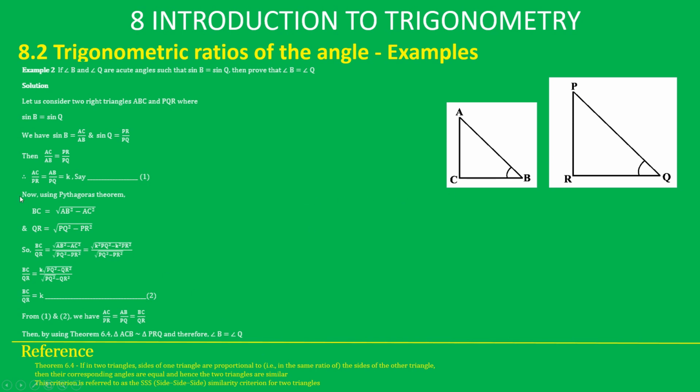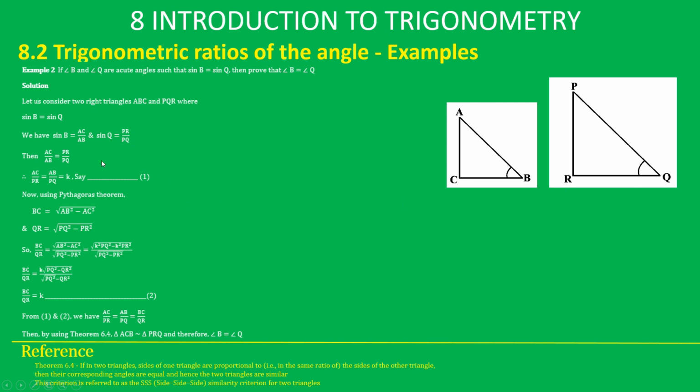Let us consider two triangles ABC and PQR. It is given that sin B is equal to sin Q. Sin B is opposite side by hypotenuse, which is AC by AB. And sin Q is opposite side PR by hypotenuse PQ.